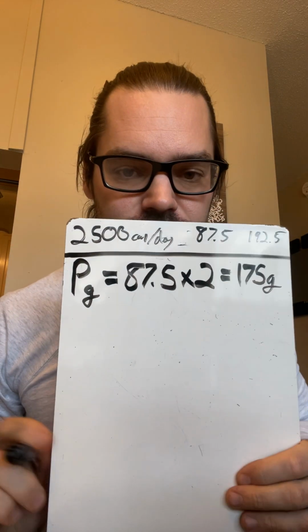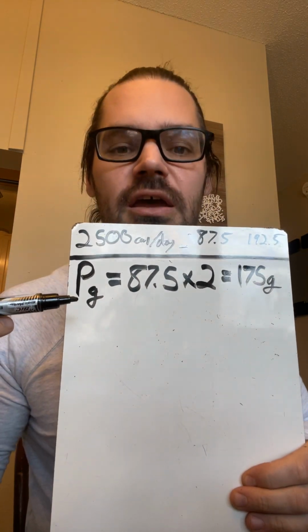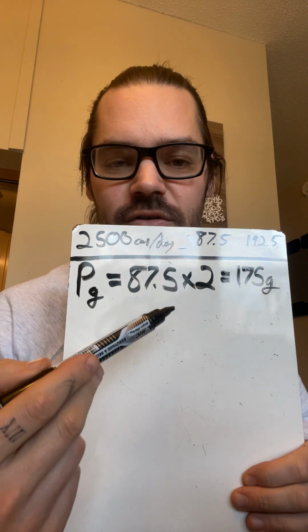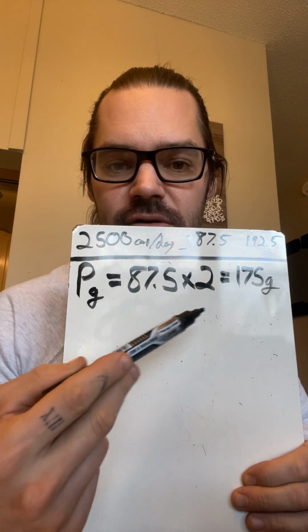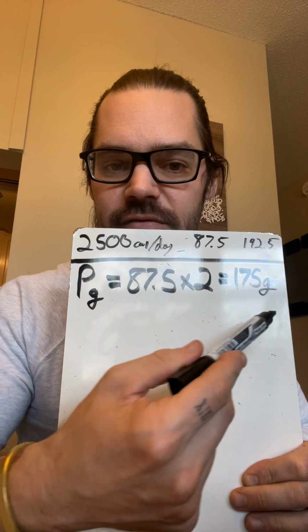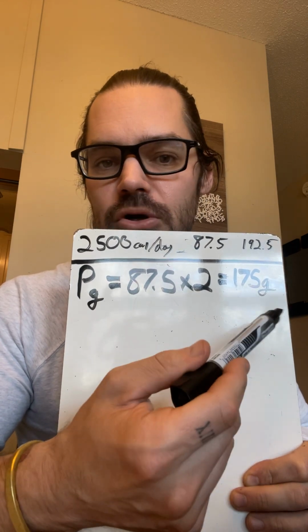That equals, for me, 175 grams of protein per day. Grams of protein per day equals body weight in kilos times 2, 175 grams of protein per day.